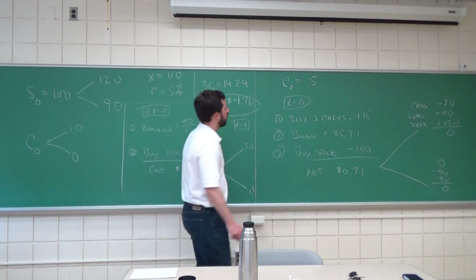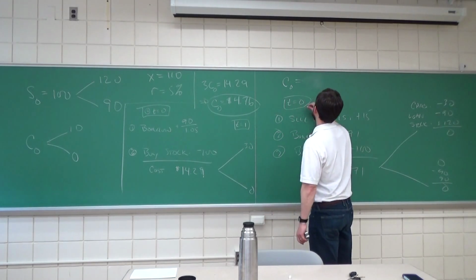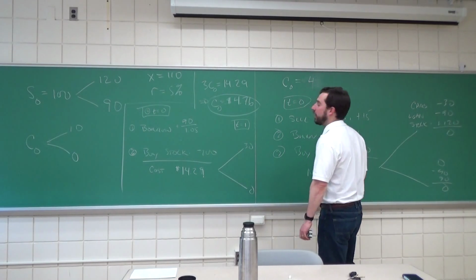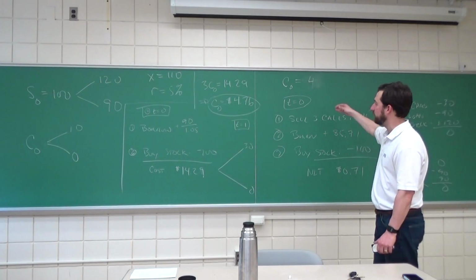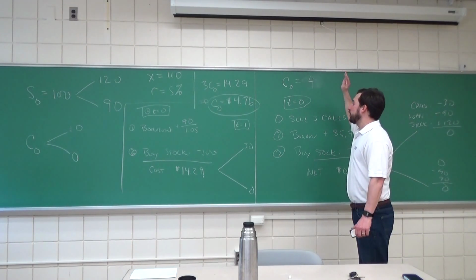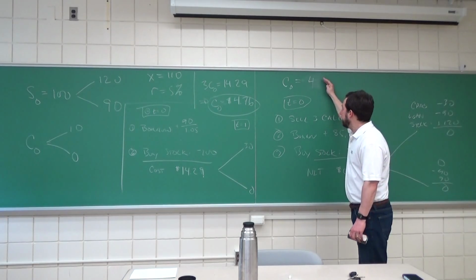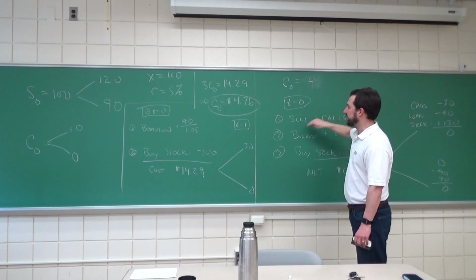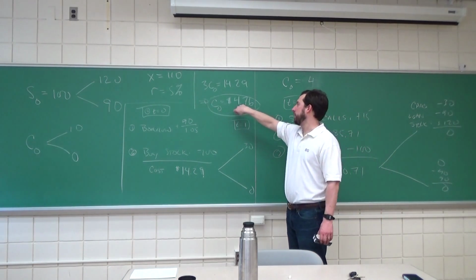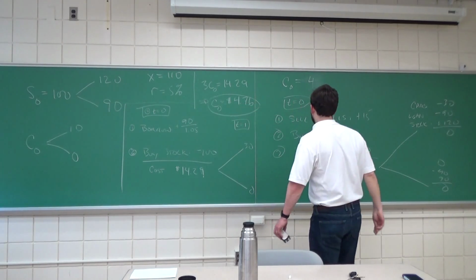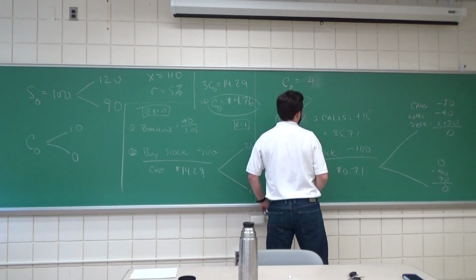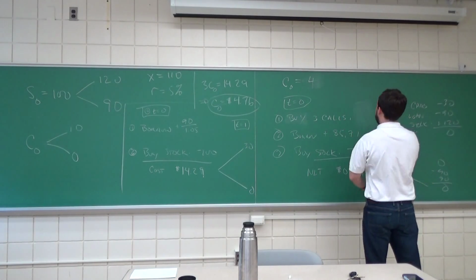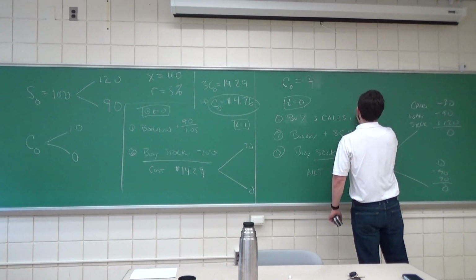Now, we can similarly look at this and say, okay, what if the call price is 4? We know it should be 4.76, but if it's 4, then what we want to do is buy the call in the market at $4 and then sell the replicated call. So we switch this, right? Buy 3 calls. Of course, we're going to buy 3 calls for $12.